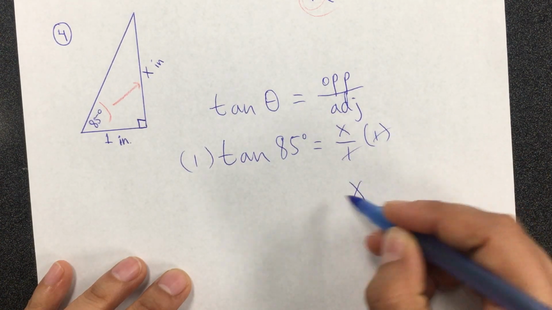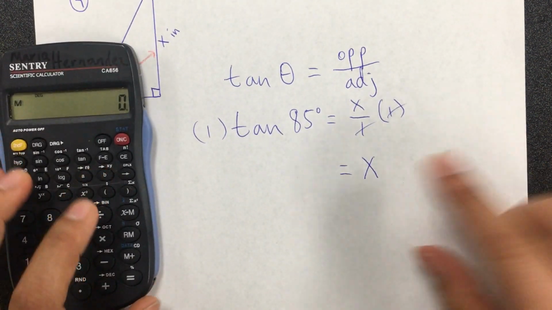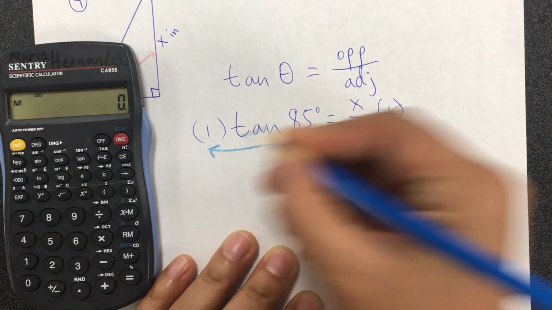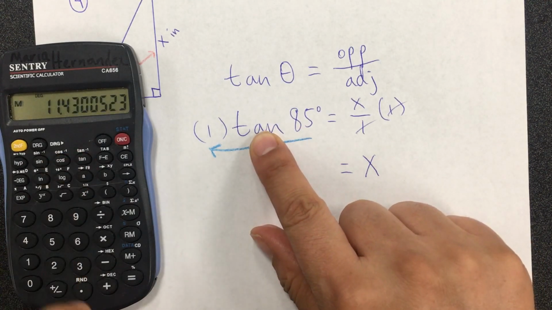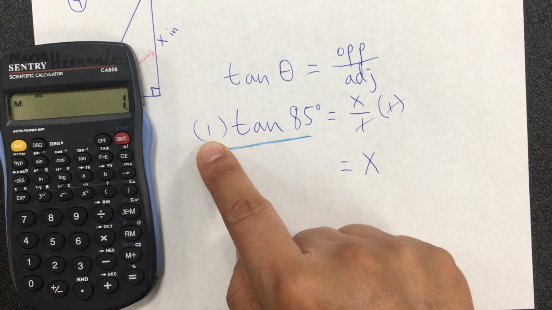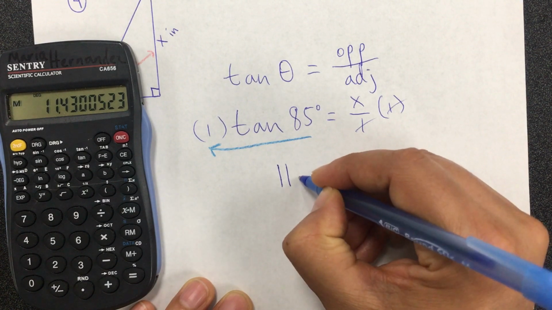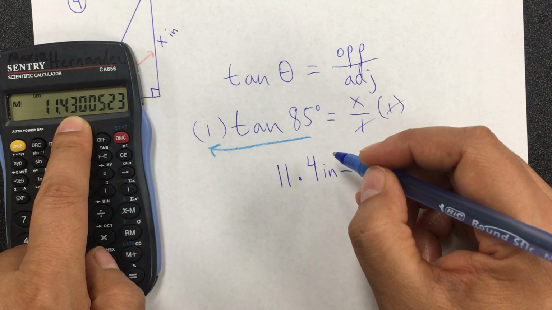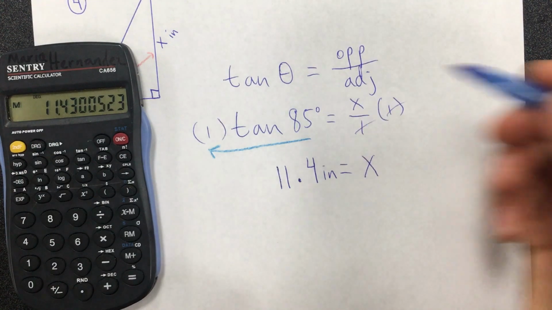This cancels, and the value of x is, with the small one, remember that we go backwards. It's going to be 85 tangent, remember this means times 1, and then equal. The answer is 11.4 inches. The 3 cannot give any to the 4, so that's it. If it's 4 or less, that one stays the same.